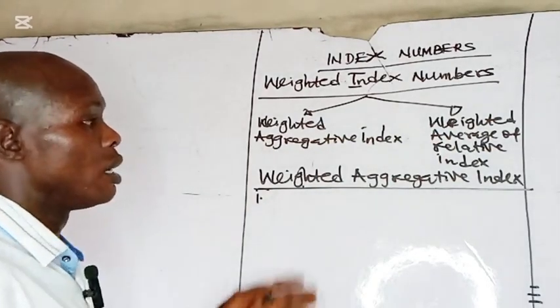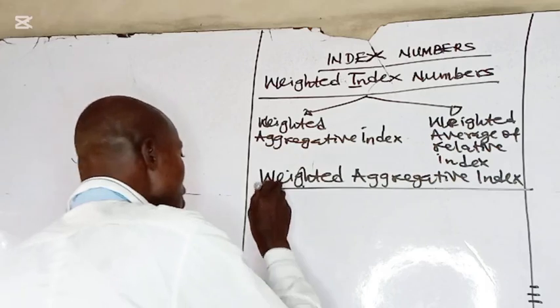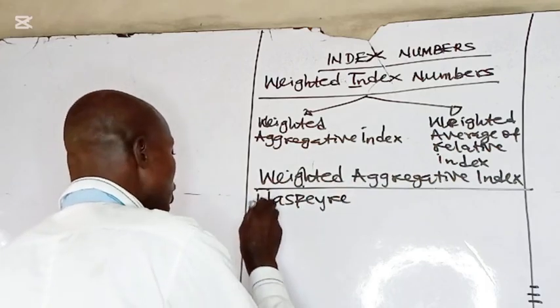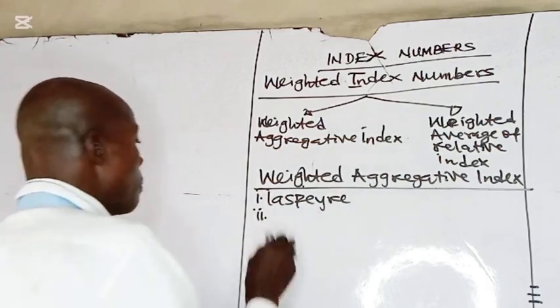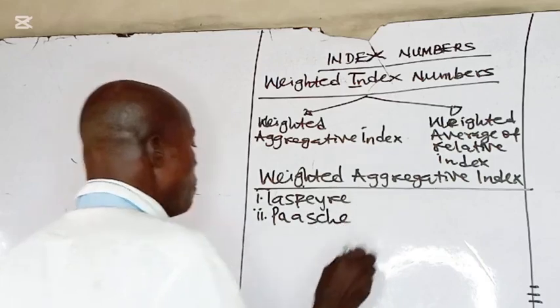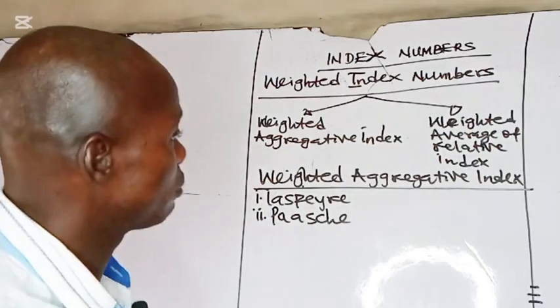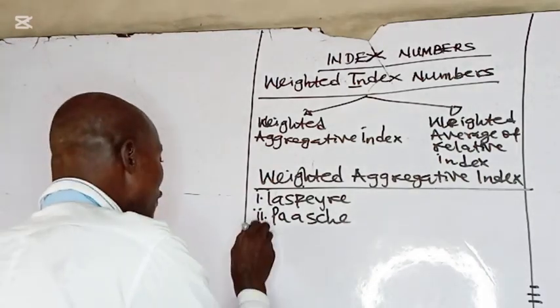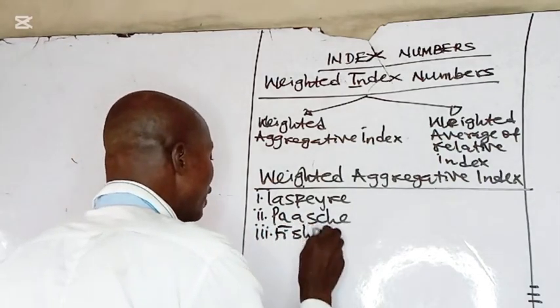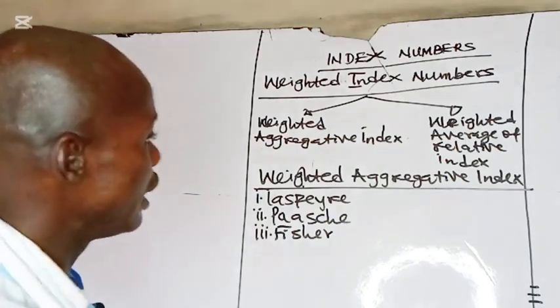Number one is Laspeyres. Number two, we have Paasche. Then number three, we have Fisher's ideal index.